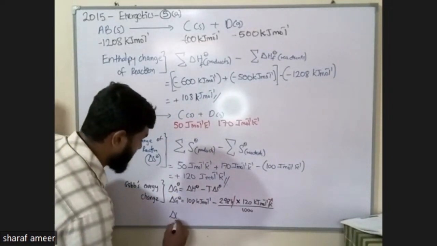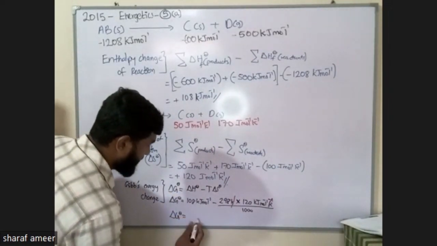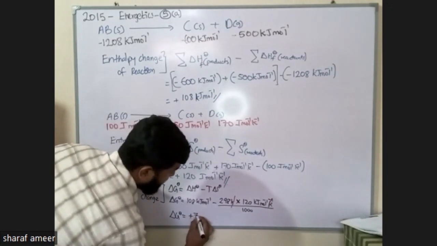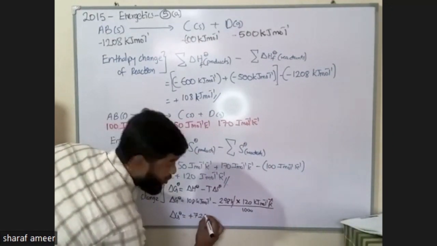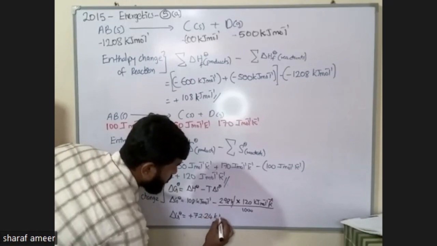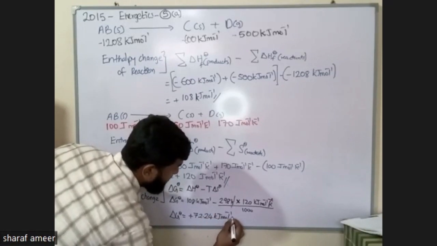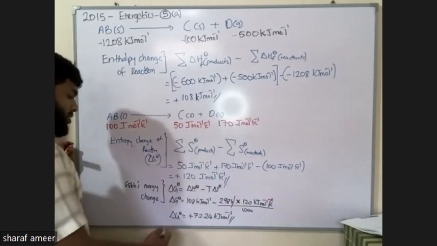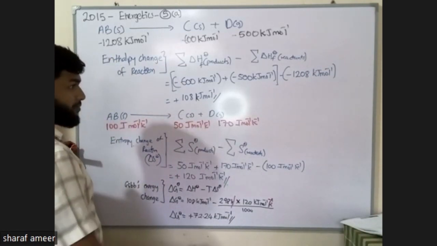Delta G theta is equal to positive 72.24 kilojoule per mole. Hence proved.